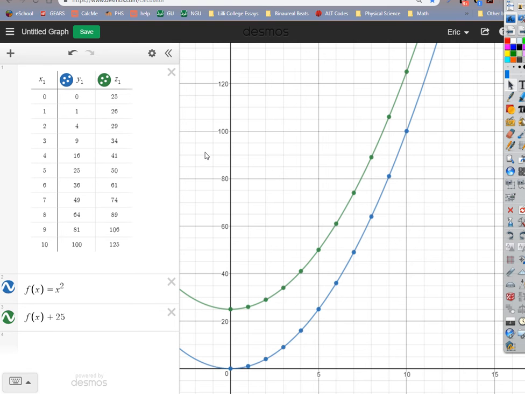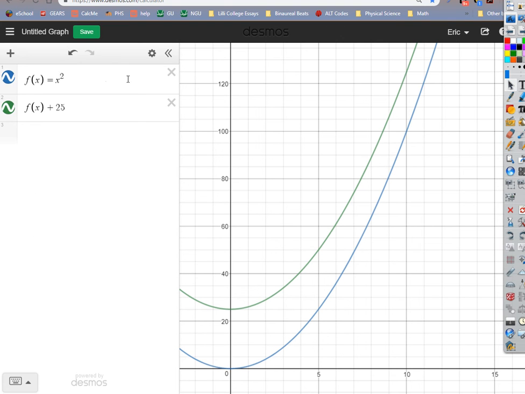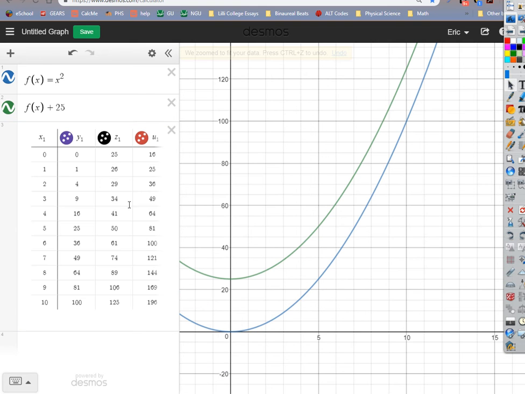Okay. Now the green one clearly got shifted. Our math were to be translated up. I don't know what color this next one's going to be, but what's it going to do? Let's just put it in there and see. Oops, I guess I got to put them down there. So the colors got messed up.